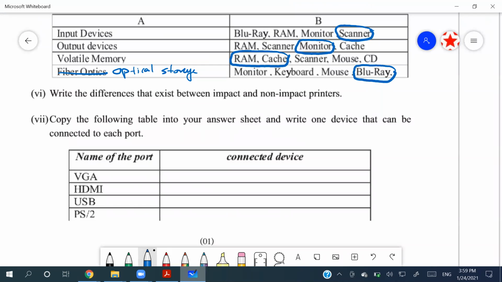So Minul's argument is right. Because there are mechanical parts, more chain movements, head movement.